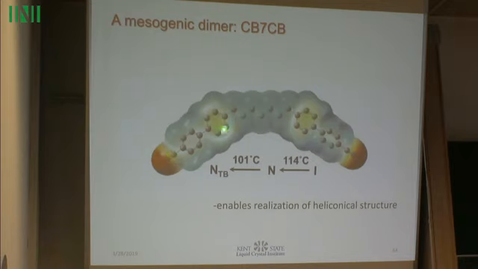So this is just a typical cyanobiphenyl here. And then there's a 7 carbon long alkyl chain here, but there is its twin over here. And so this is mesogenic, and because of this flexible alkyl chain in the middle, it bends really easily.